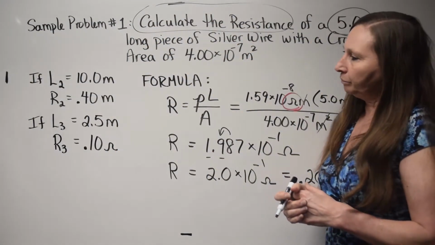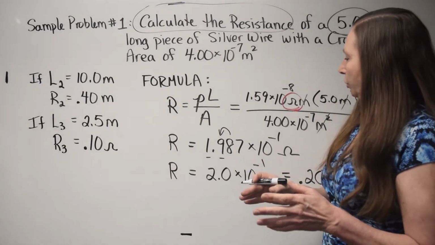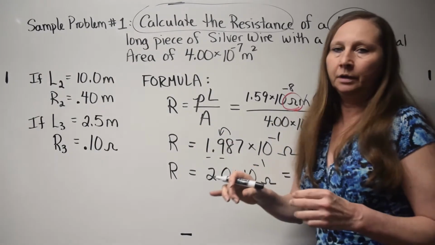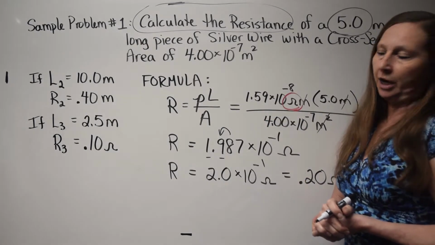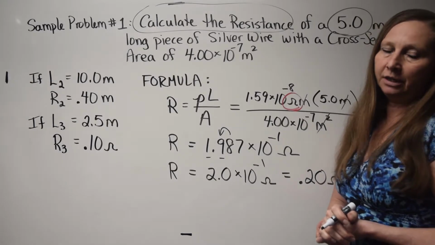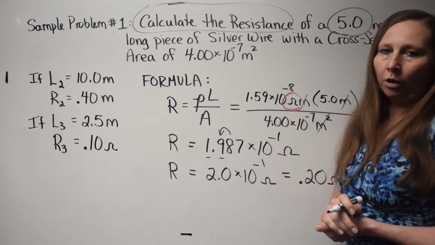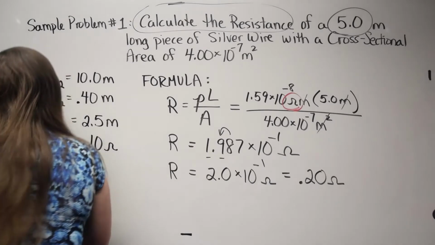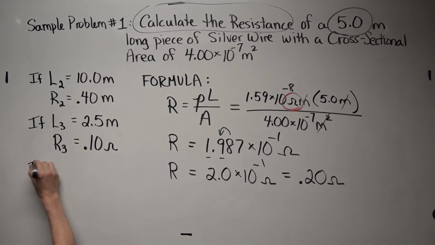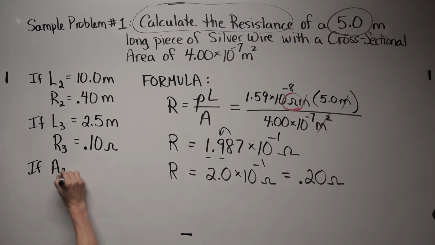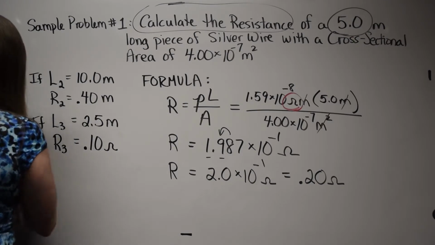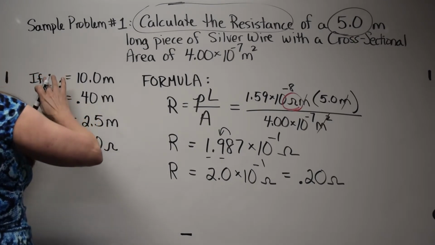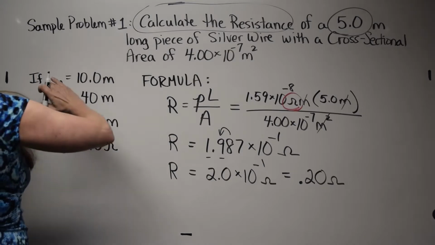All right, now, what if we were to double the area? Instead of 4 times 10 to the negative 7, what if the area were changed to 8 times 10 to the negative 7? Let's just use up here and erase this, because you can go back in the video and see anything that you need to see.